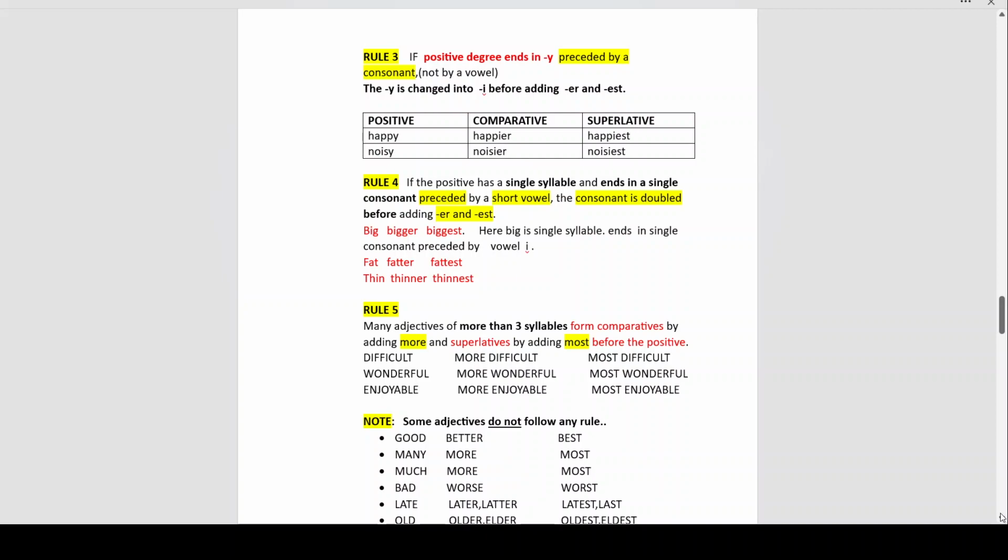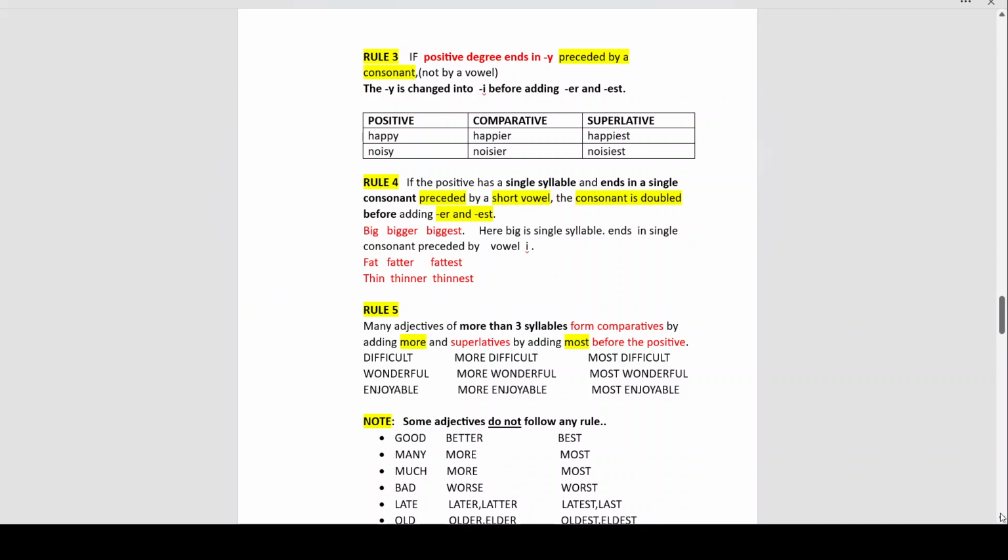Similarly, single syllable fat. It is ending with a single consonant T preceded by a vowel A. So what happens to T? T becomes double. FAT becomes FATT, and in comparative FATTER, and in superlative FATTEST.